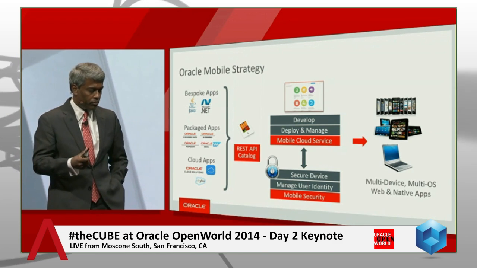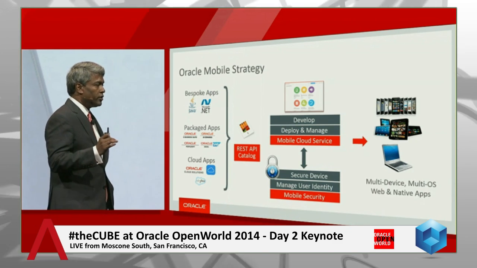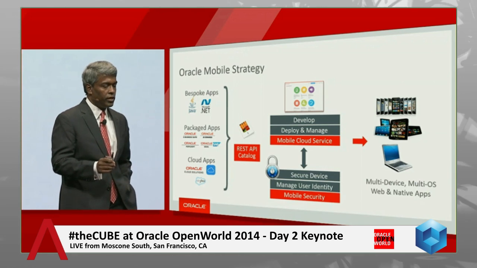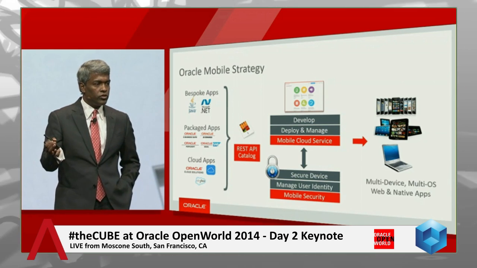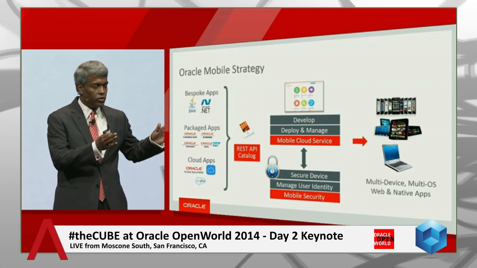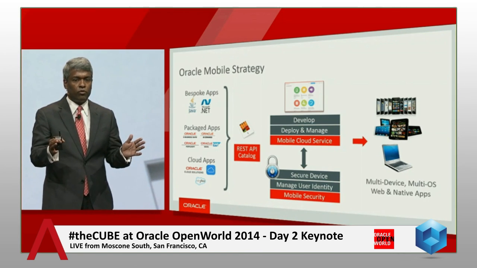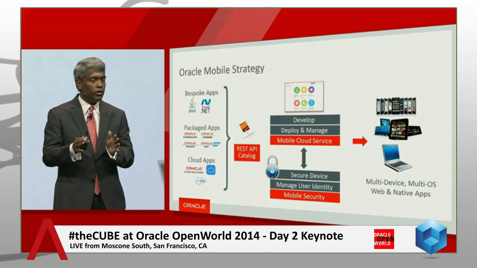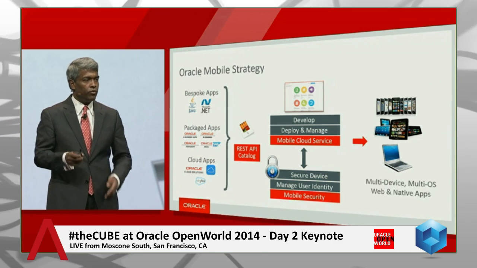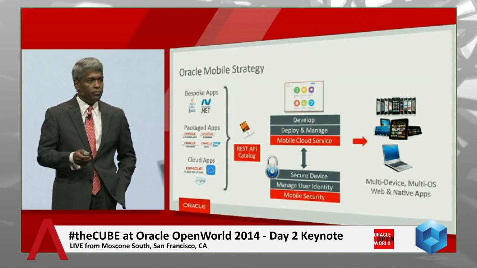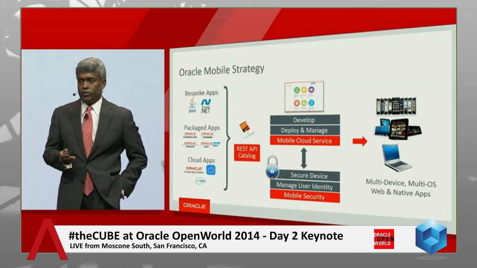And then third is we provide you access control and security on that data so that your users have the same single sign-on password when they access your mobile apps as they do the web apps, and if you lose the phone, corporate data on that phone does not get lost. It can be encrypted or remotely wiped.